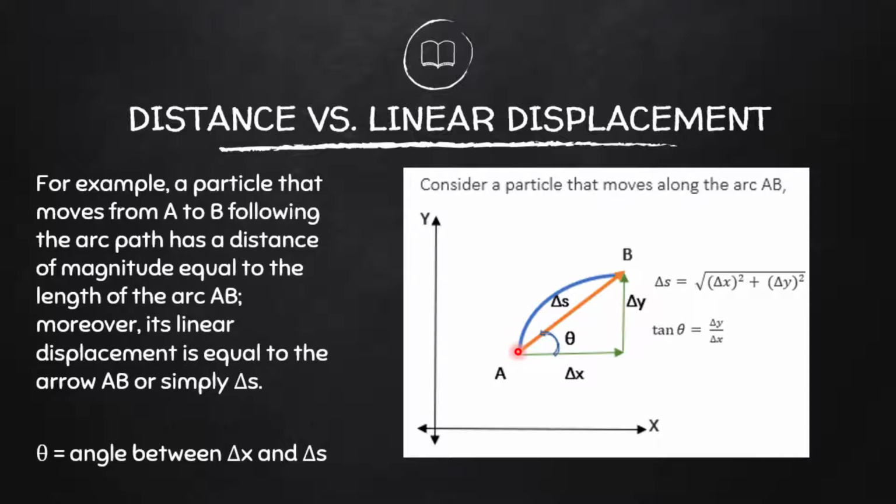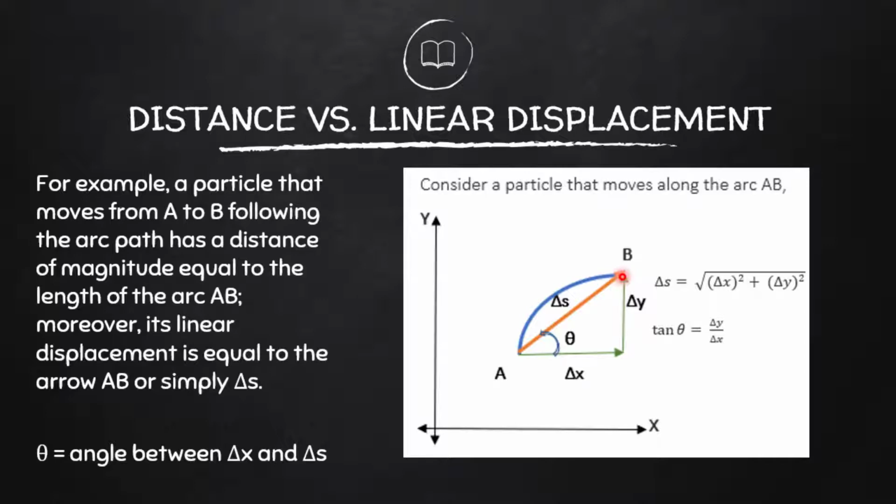Its linear displacement now will just be equal to 0, since the starting point is also where the final position is. If the path of the particle when it moves from A to B is following the straight line AB, the distance and displacement will both have a magnitude equal to the length of line AB.